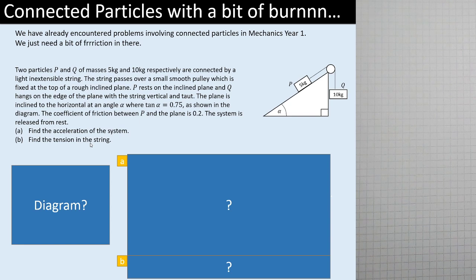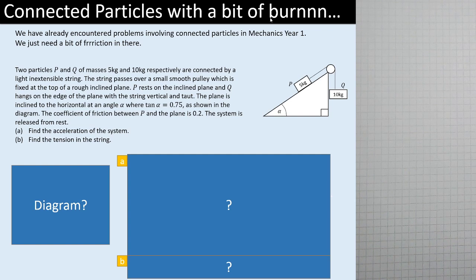Okay, now one thing that we're going to need to consider, as well as do we have all of the forces in our diagram, do we know where they all are, one of the things we're going to have to consider is how is this going to move? Okay, now if we had something heavy hanging over the edge of a cliff and something light attached to it that is on the cliff, we would imagine the heavy thing would pull the light thing down.